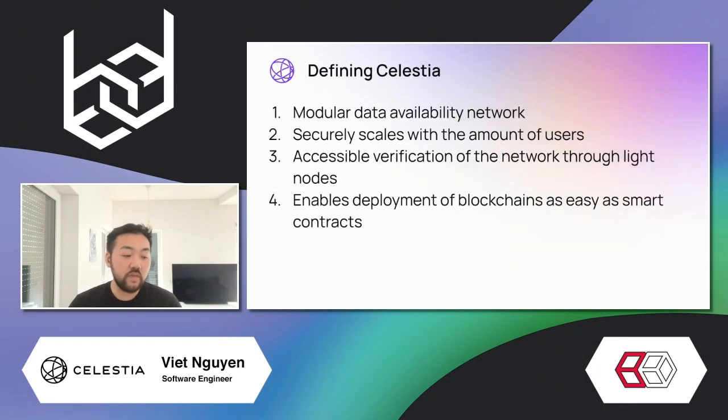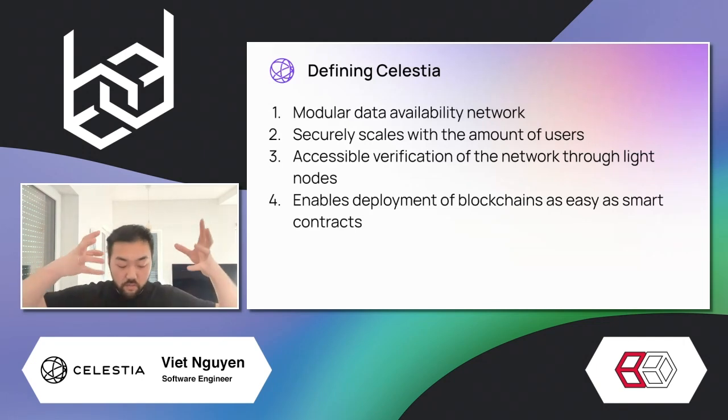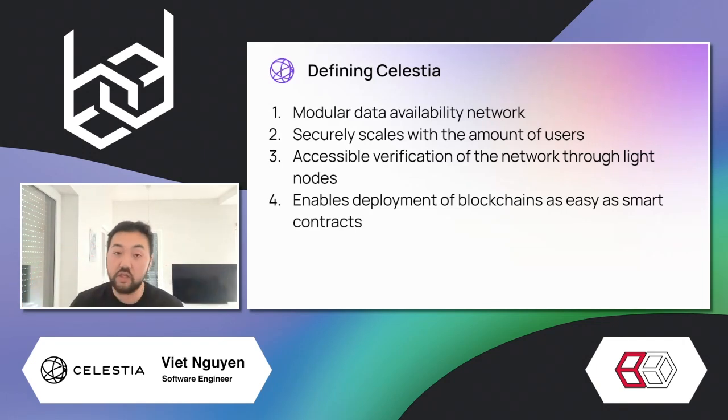Let's go deeper into Celestia and what a Celestia blockchain actually is. In essence, Celestia is just a modular data availability network, meaning that whatever blockchains are on top of Celestia are just using this blockchain for data availability and consensus.